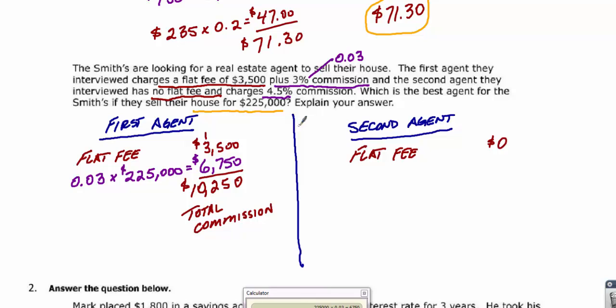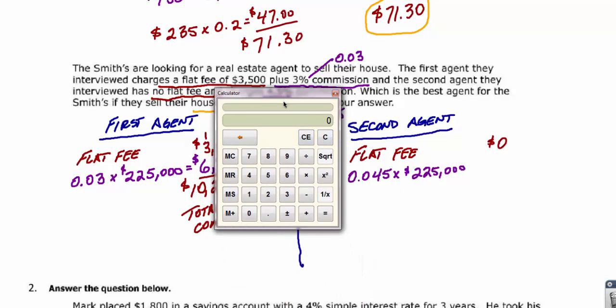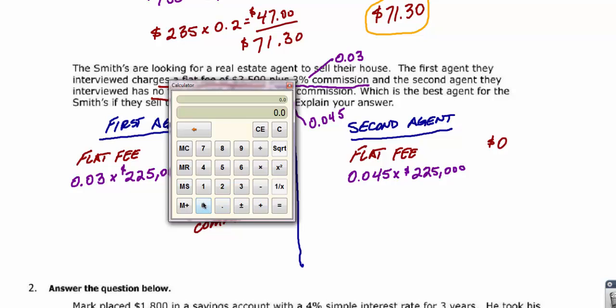And a 4.5% commission. So that's 0.045. So we're going to have 0.045 times the same $225,000. That part doesn't change, so let's check that out. 0.045 times $225,000 equals $10,125.